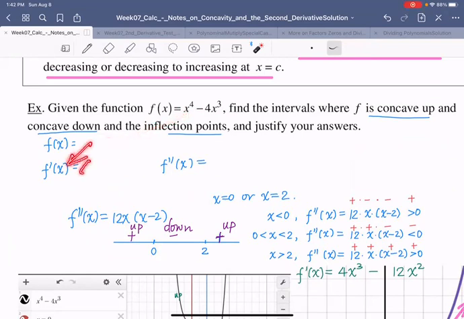Go do f prime of x and f double prime of x. You can calculate it here. Then you take the derivative of the first derivative to give you f double prime. And then you want to check for which points your f double prime equals 0.